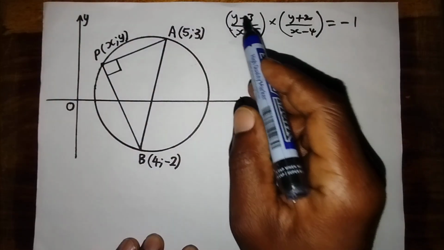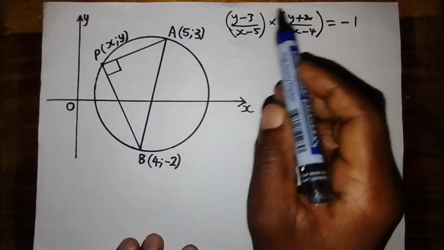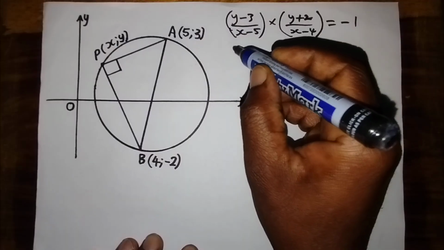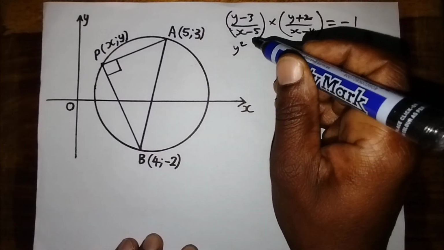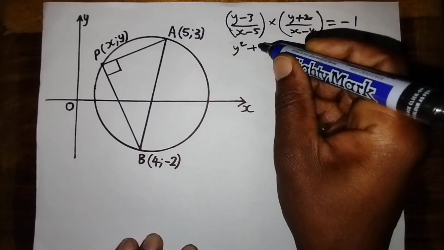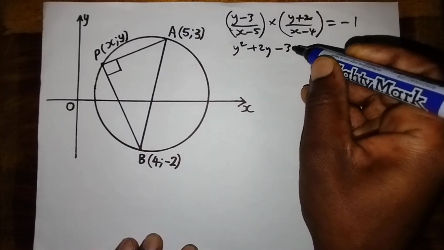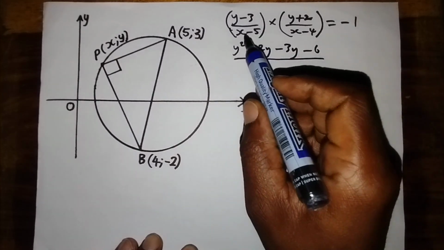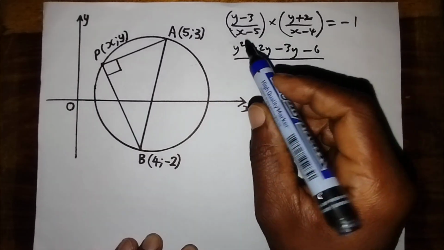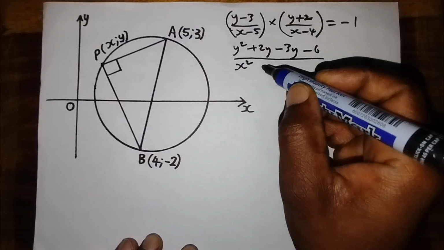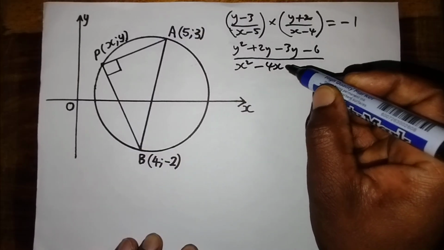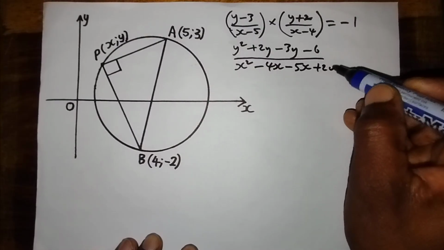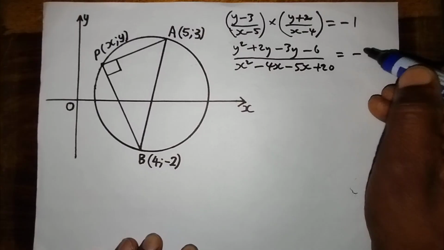If we simplify the top expressions, we get y squared plus 2y minus 3y minus 6 over, and now we simplify the denominators, x squared minus 4x minus 5x plus 20, equals minus 1.